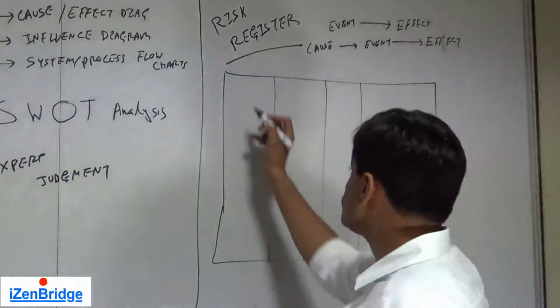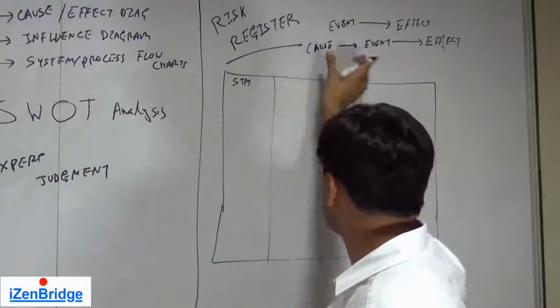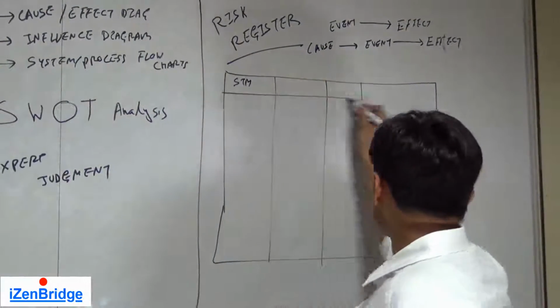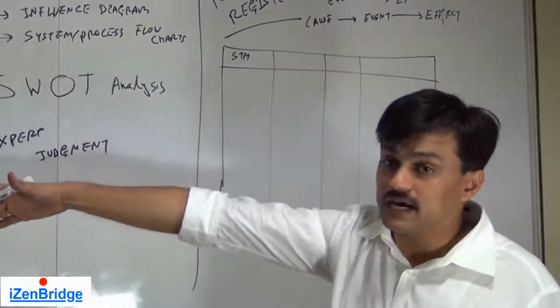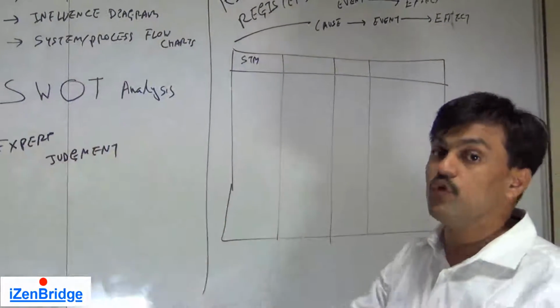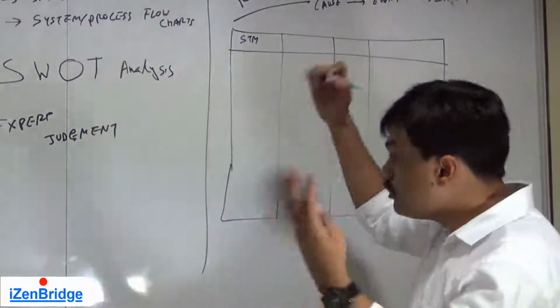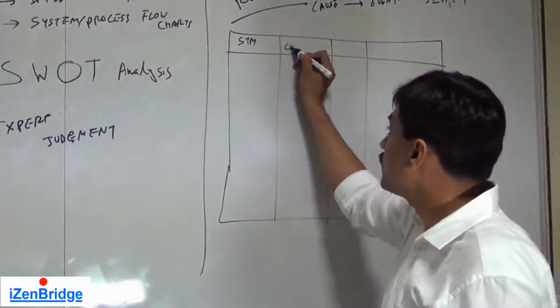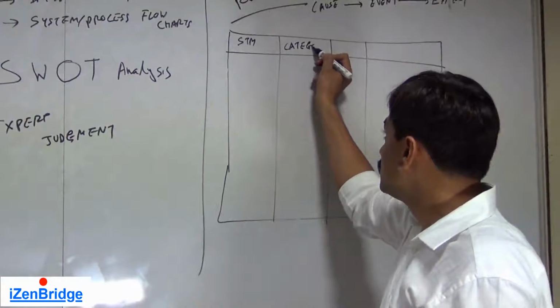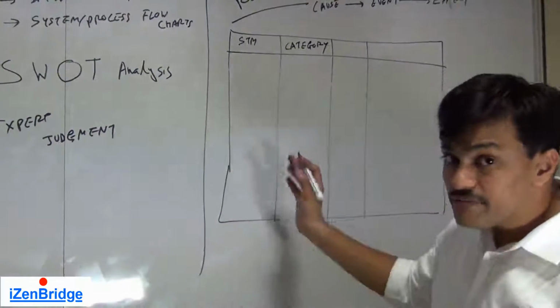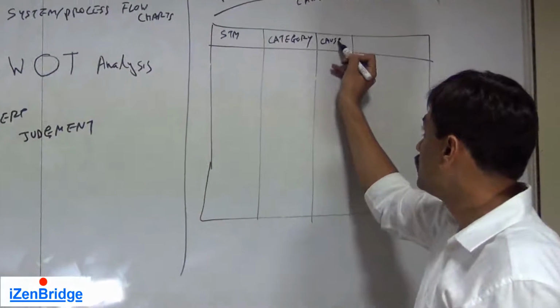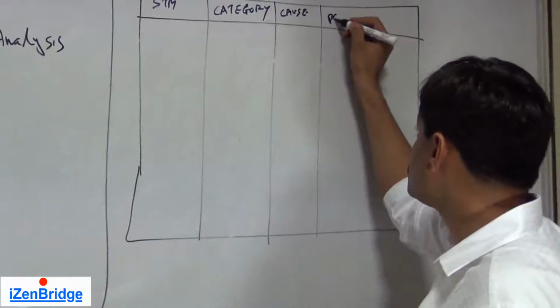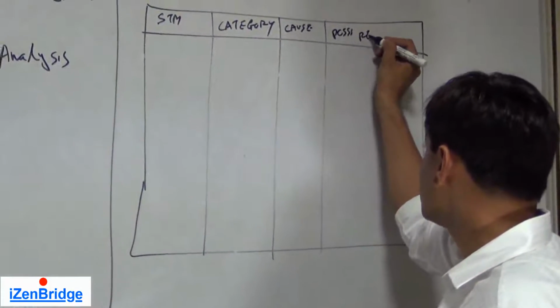So in a risk register, we have a risk statement like this. After that, we may also have a risk category. If we have used assumptions and the checklist, we already know the risk breakdown structure, so we may map the risk to a category. While identifying, we may know the causes, and we may know the possible response.